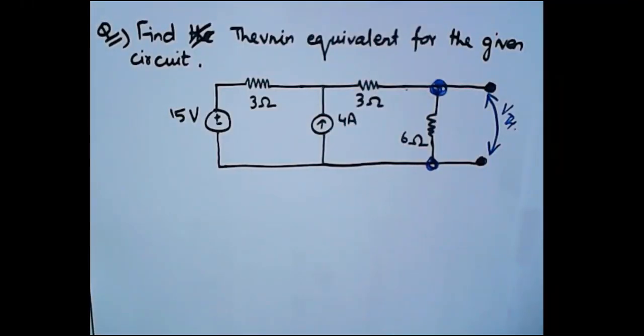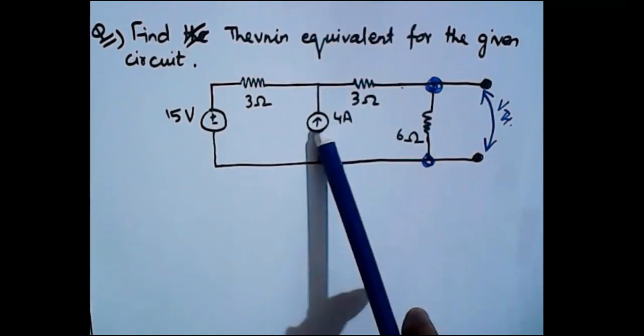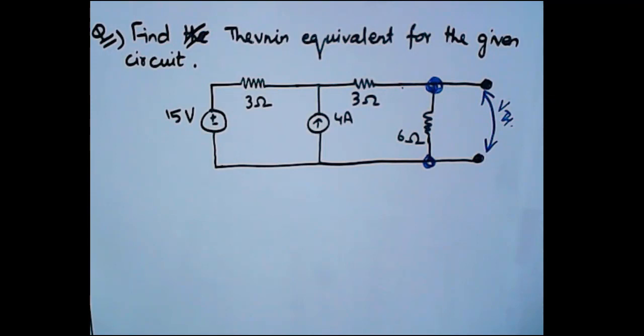So here you can see that again, which analysis method will be better. We can apply mesh also, but here if there are two meshes and the current source is between two meshes, it will become the case of a super mesh. You can apply it, no issue, but I am just avoiding it due to complexity.